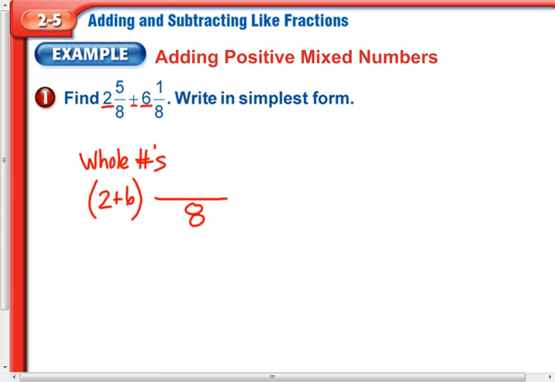Second example, again, go ahead and break it up. Our whole numbers here, we have a positive 3 plus 4. For the denominator, we have 10, and for the numerator, 3 plus 1.